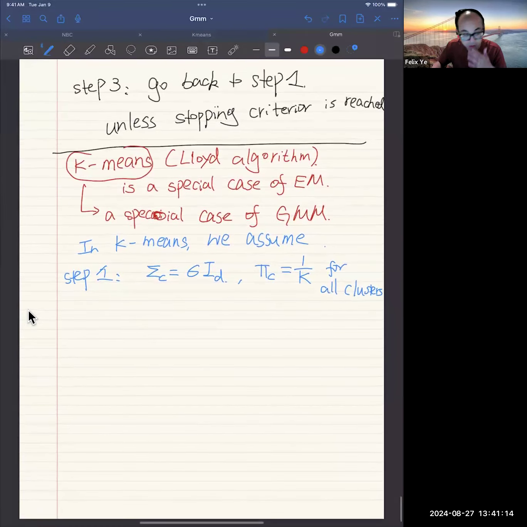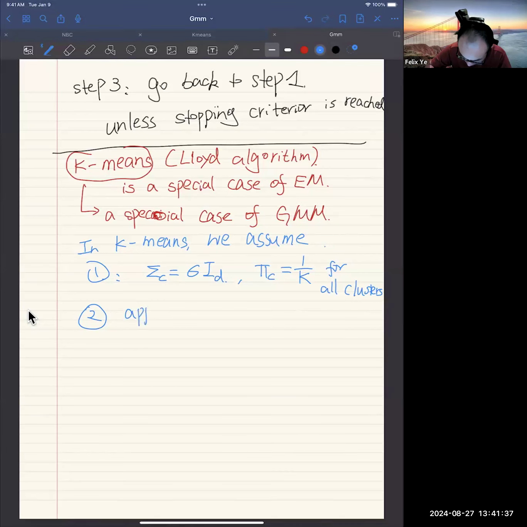So in the EM algorithm, that's step one, just the first part. In the second part, what we do in the E step is we approximate the E step.